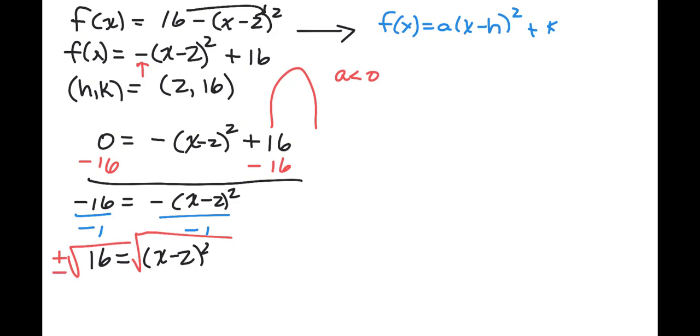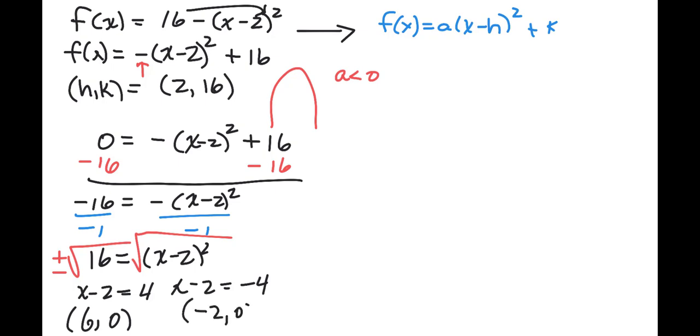So we're going to end up with x minus 2 equals the square root of 16, 4, and x minus 2 equals negative 4. So if I add 2, I'm going to have this x-intercept 6, 0, and if I add 2, this x-intercept negative 2, 0.